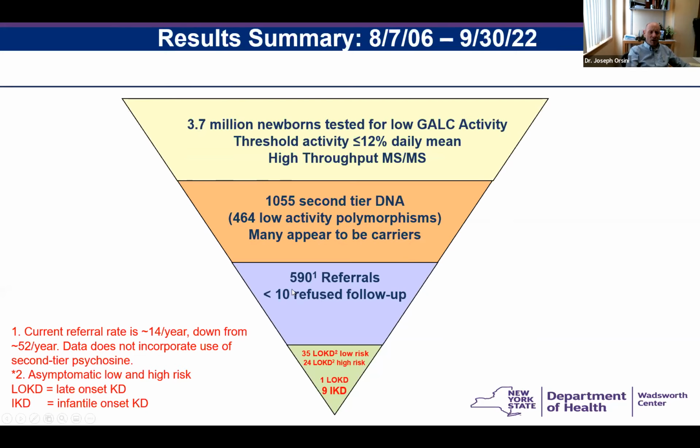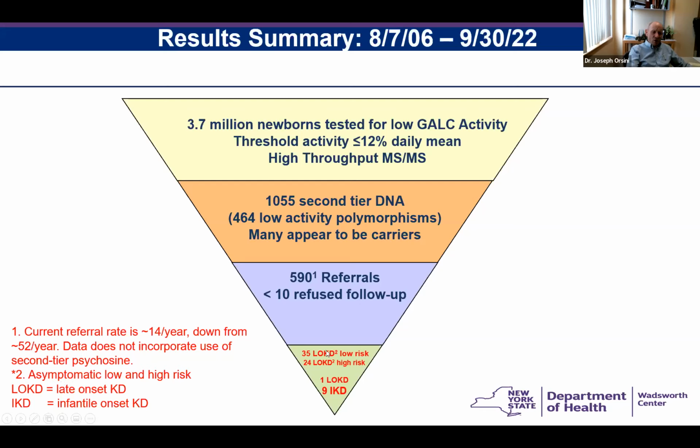I think what you want to really see is what can be done with all of the new approaches, and that's something that we described in Dietrich's talk. So our current referral rate is down to 14 per year, roughly just a little more than 1 a month. And it used to be 52, and that did not incorporate any second-tier psychosine yet. We make the next step of that in the next couple months.